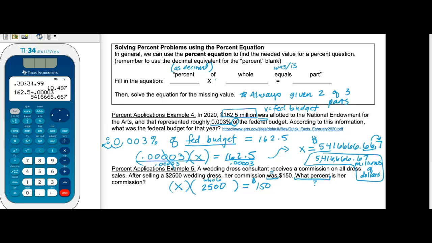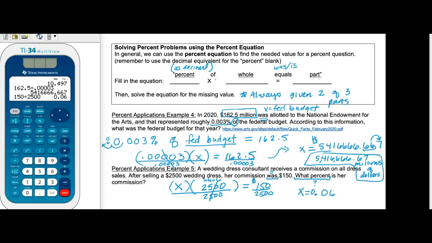And then we just need to solve for X by dividing both sides by the 2,500. What that does is these cancel out. The X becomes by itself. And then we've got 150 divided by $2,500. And so we have 0.06.